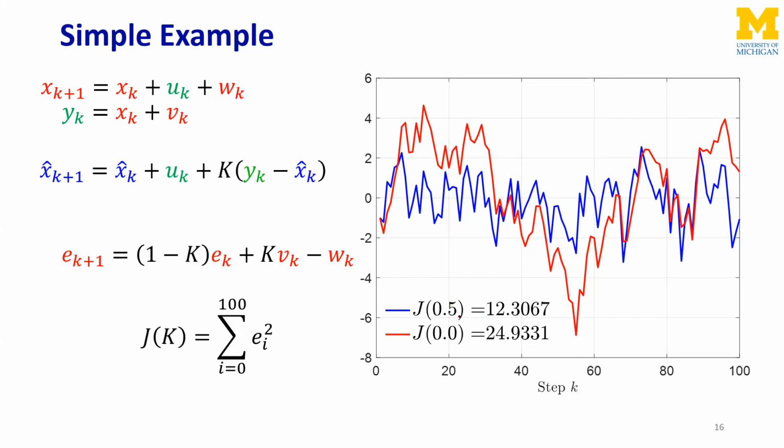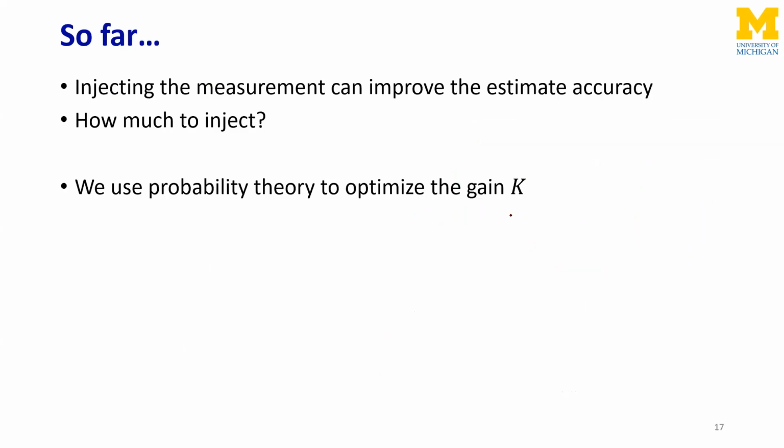Clearly, when you use some gain or some output error injection, your error performance improves. So like I said, I have shown you that injecting the measurement into the estimator can improve the estimate accuracy, but we don't know as of now how much we have to inject. And like I said, we are going to use probability theory to optimize the gain k.